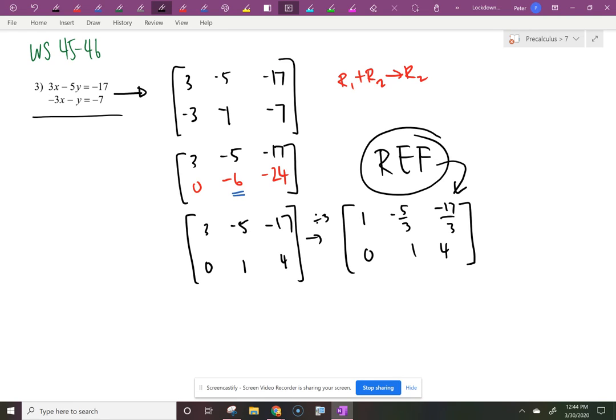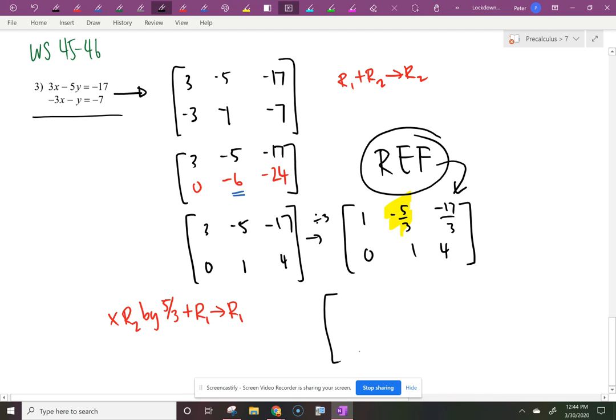Now, reduced row echelon form goes one step farther. It says, hey, look, change that to a 0 so I know what x and y are. So I would have to multiply by 5/3. So I will multiply row 2 by 5/3 and then add it to row 1 and stick it in row 1. So that's what I'm going to do.